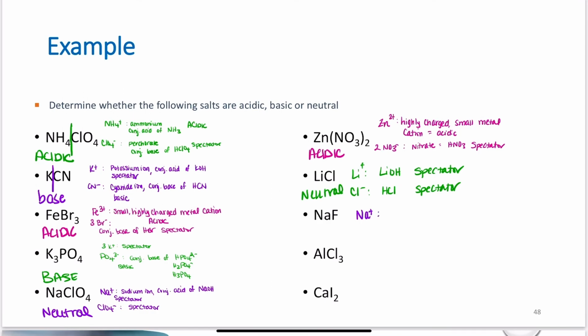NaF, Na+, we've already discussed, spectator, F-, conjugate base of HF, so basic, because it is coming from a weak acid, this will be basic. AlCl3, we've already done this entire example, so hopefully you remember this is acidic.